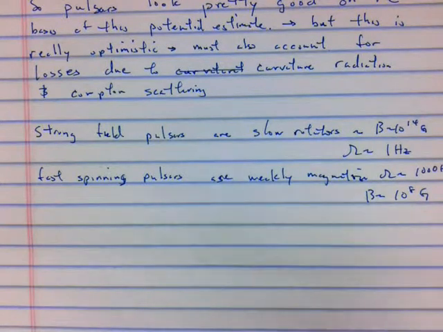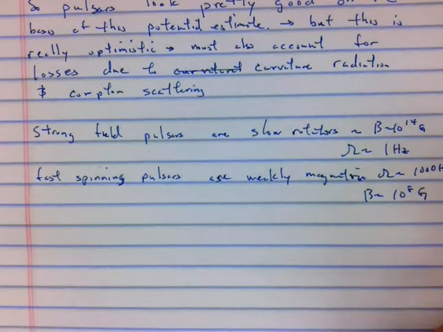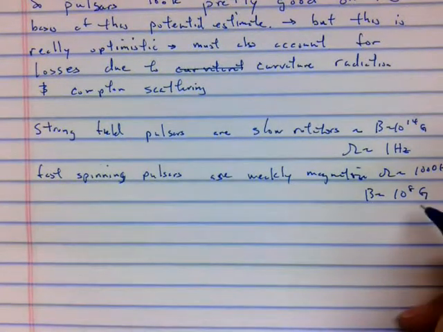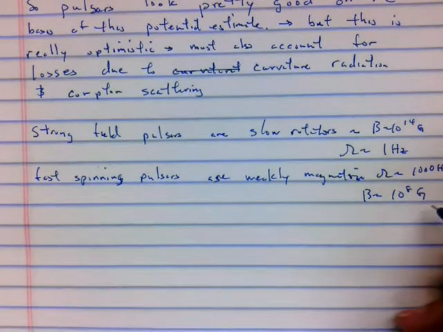Now, there is a good reason for this: if you're rapidly rotating and highly magnetized, you tend to slow down rather quickly. So the only way to have long-lived pulsars that spin rapidly is if they're weakly magnetized, namely they don't give up much rotational energy.